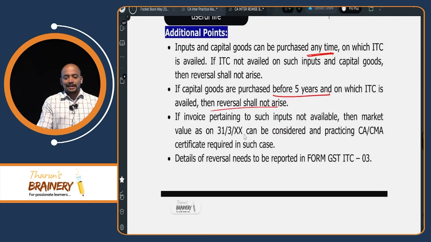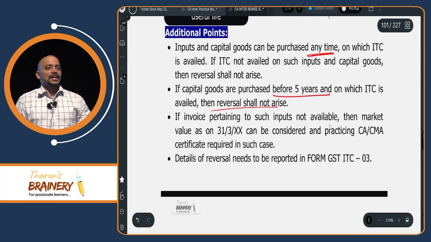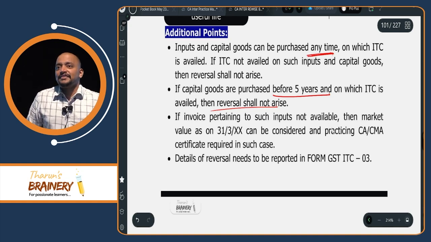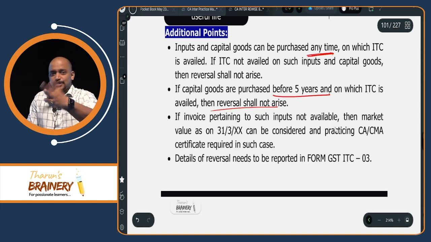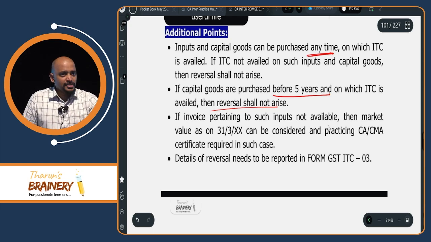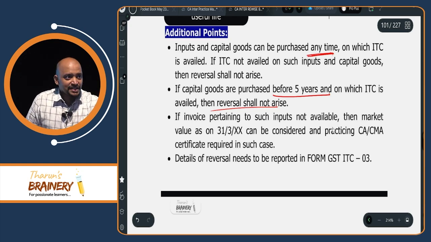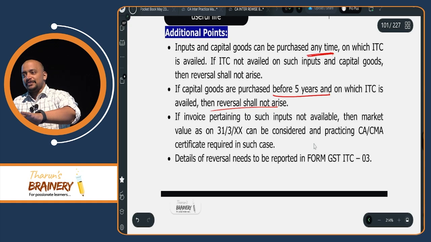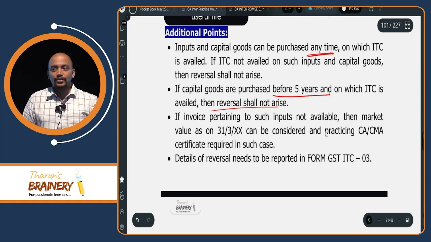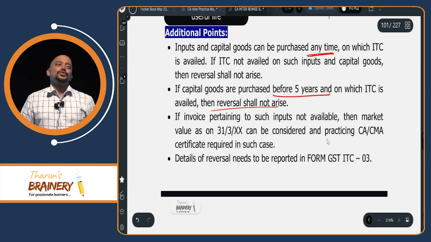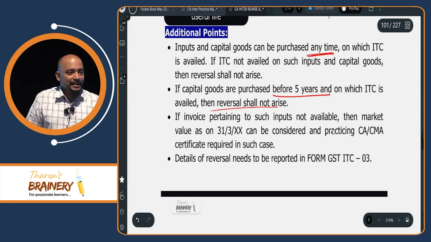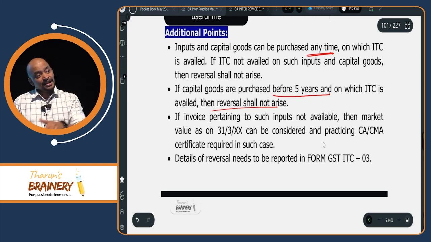If invoice is pertaining to such inputs not available, in case of 18.1c, 1d there is matching. But in this case there is no matching. If no invoice, don't worry. Today whatever is the market value, take that market value and reverse the ITC. But there no invoice, sorry, you cannot take credit. But here reversal of ITC, reverse.